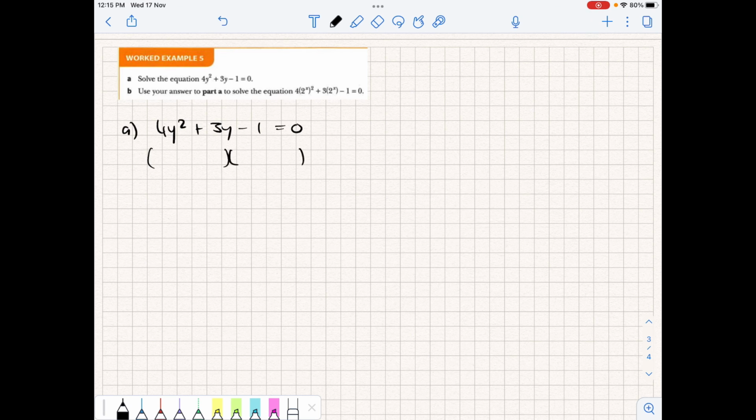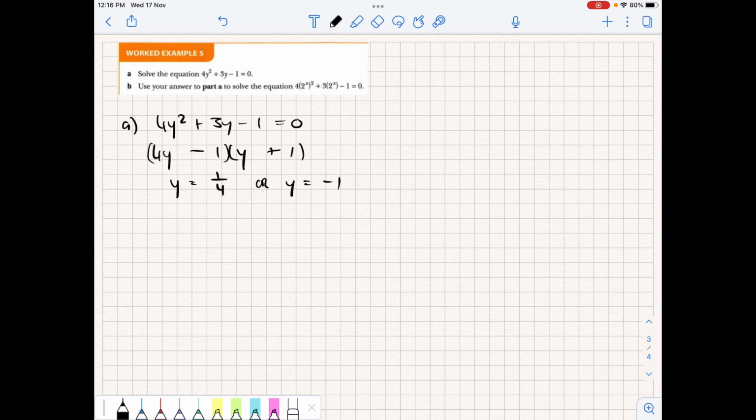Luckily the factors of 1 are only 1. And now we need factors of 4 that can make 3. That will be 4 and 1. And I need positive 3, so I want plus 4 minus 1. Well, that'll give me solutions of y equal to 1/4 or y equal to minus 1.